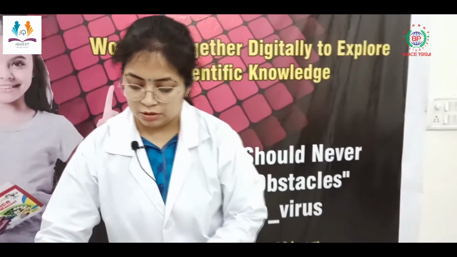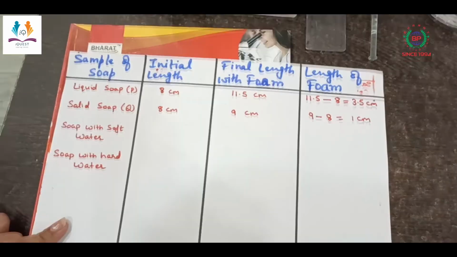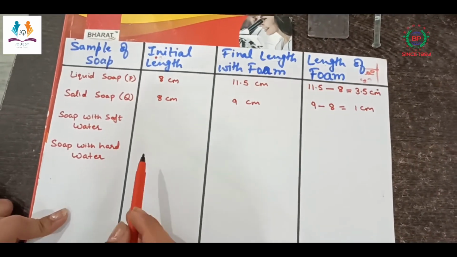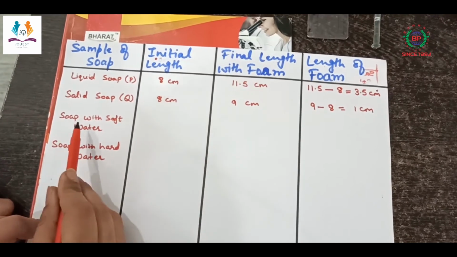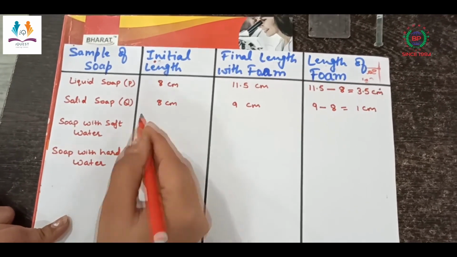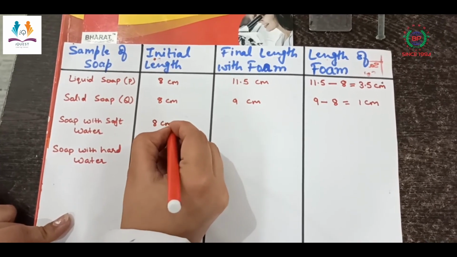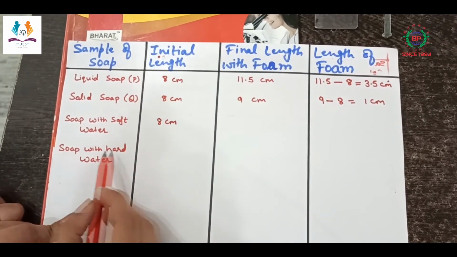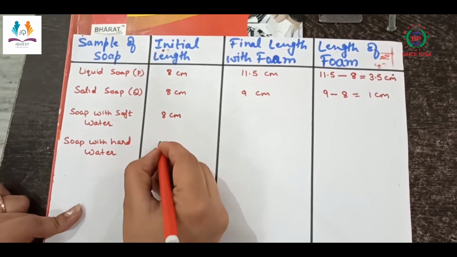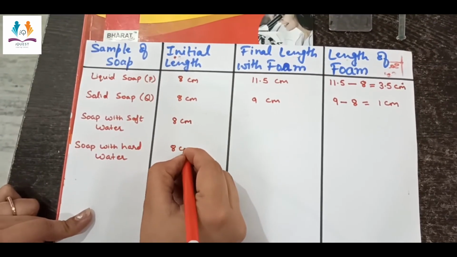Okay, so let's do the calculation. Now the initial length of the soap with the soft water was 8 centimeter and the soap with the hard water was 8 centimeter.